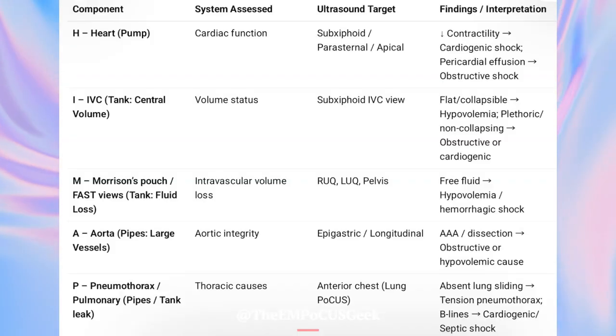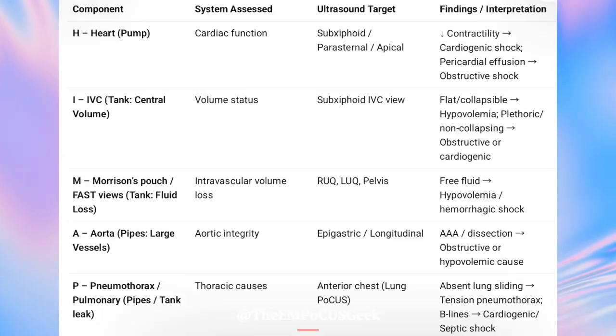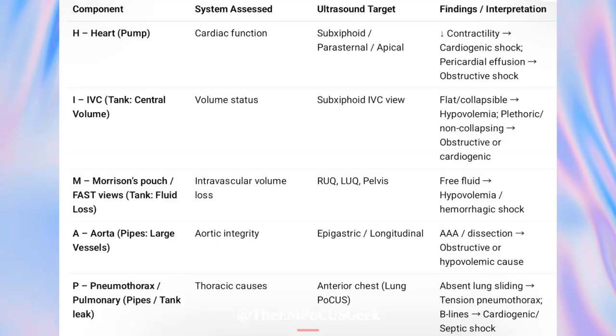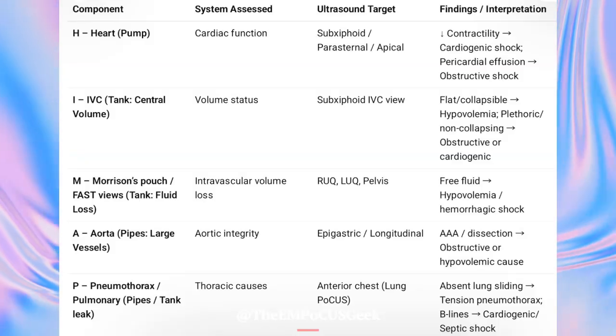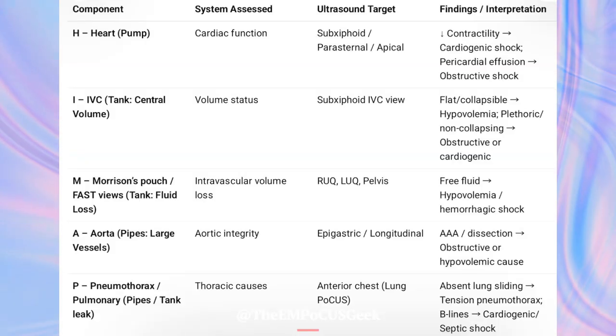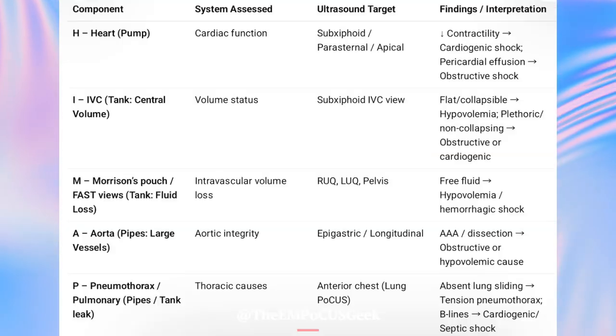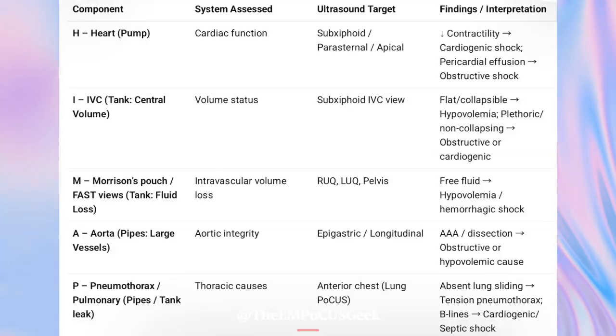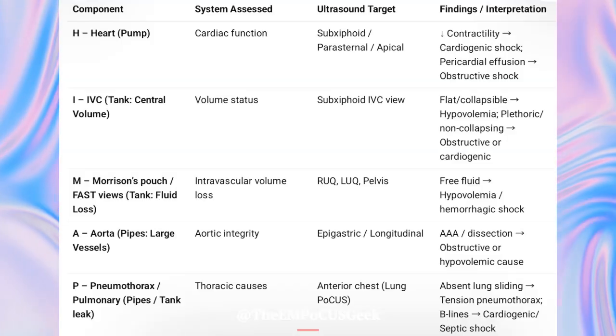And if it's plethoric or non-collapsing, it could be obstructive or cardiogenic shock. And then we do the FAST views. And here we are looking for free fluid suggestive of hypovolemia or hemorrhagic shock.